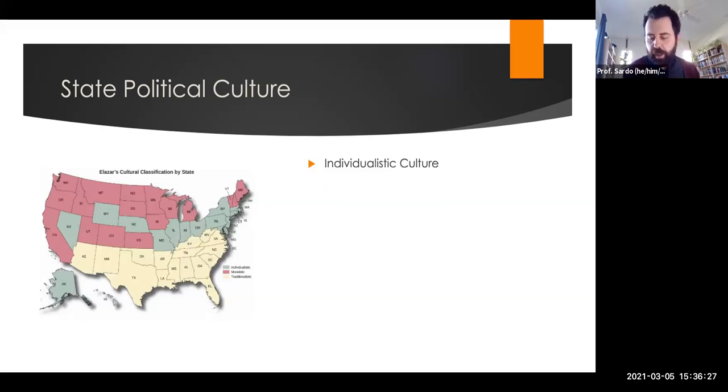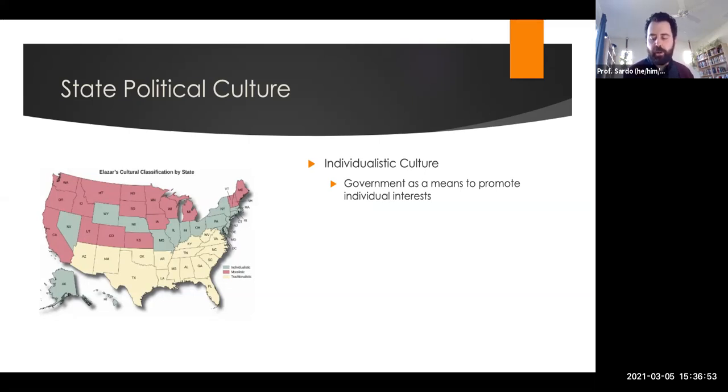The green states here represent states with an individualistic political culture, and these view government as a mechanism for addressing issues that matter to individual citizens and for pursuing individual goals, right? They want the government to function like the market. The government should provide goods and essential services, but the goal shouldn't be the public good, rather making it possible for individuals to secure their own private needs.